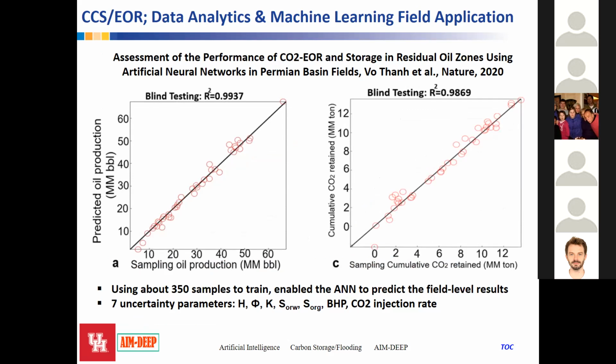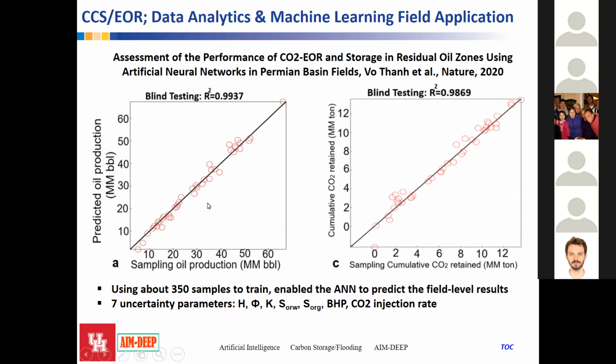They used more than 350 samples to train their neural network well. After making sure the neural network is working well, as you see on this slide with the R squared close to 1, they used this network for optimization and prediction.